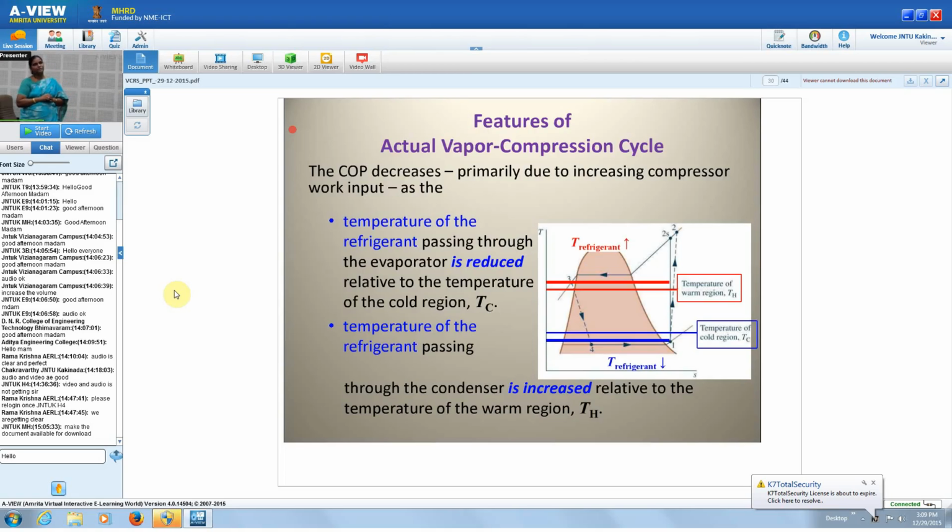With all these modifications, the net effect is a decrease in the COP. The temperature of the refrigerant passing through the evaporator is reduced relative to the required temperature, that is Tc. The temperature of the refrigerant passing through the condenser is always increased relative to the temperature required, that is Th.